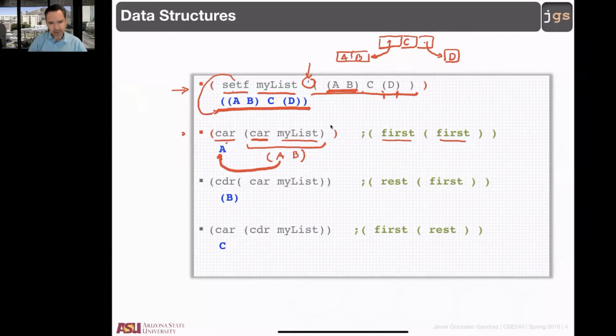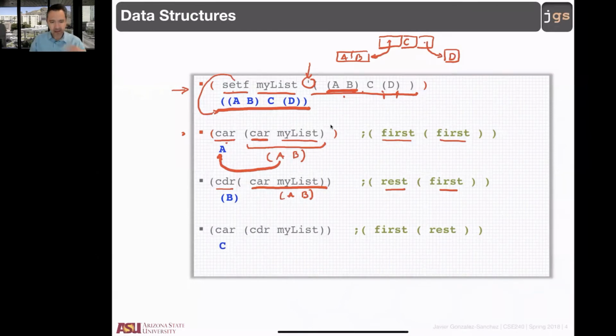In the second example, a similar idea, but now I have the rest of whatever results for the first. The first of my list is going to be again, in this example, A and B. That is the first one. And now I am asking for the rest.